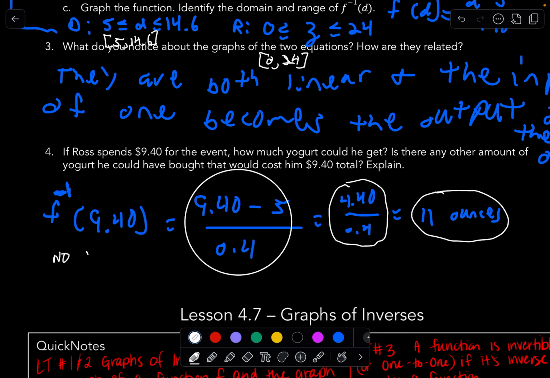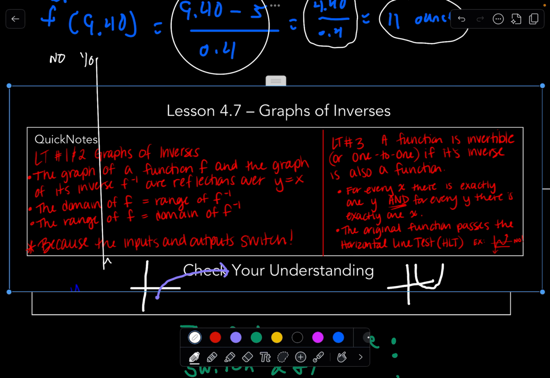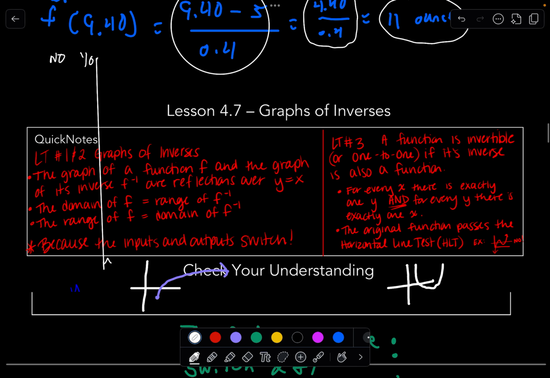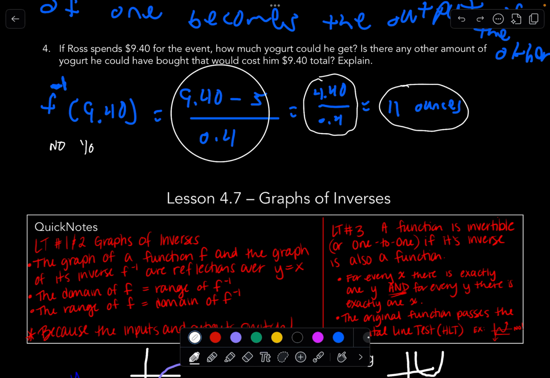Oh wow, it's acting funky. You can only get 11 ounces for $9.40.